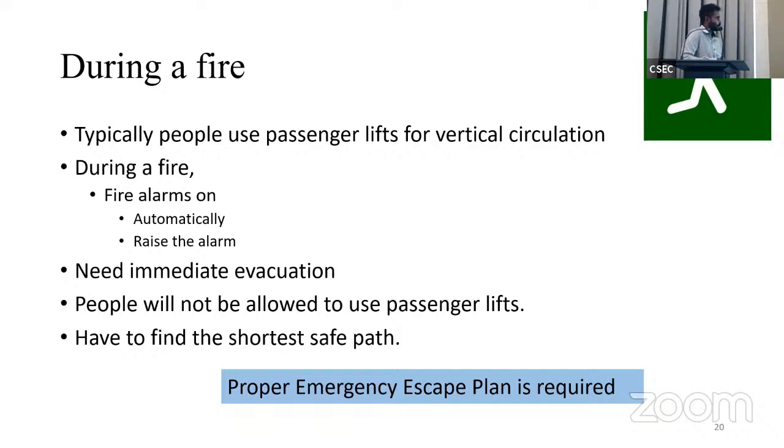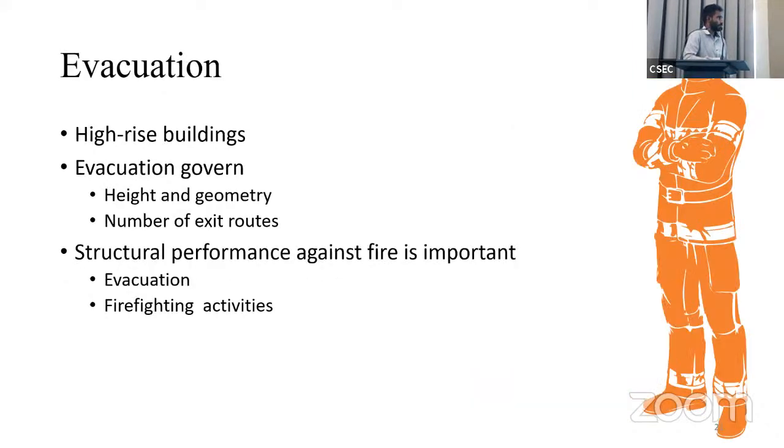During normal times, when we enter buildings, we go through lifts, without using staircases. But during a fire, when fire alarms activate, we have to evacuate immediately, and you are not allowed to use passenger lifts. So you have to find the shortest path, but it should be a safe path.